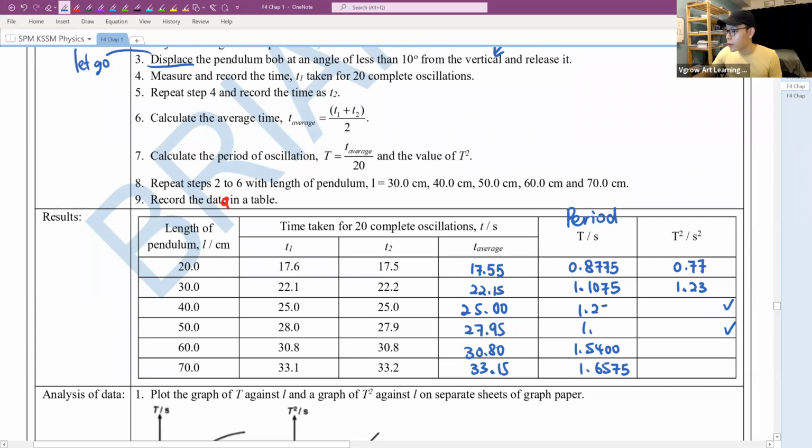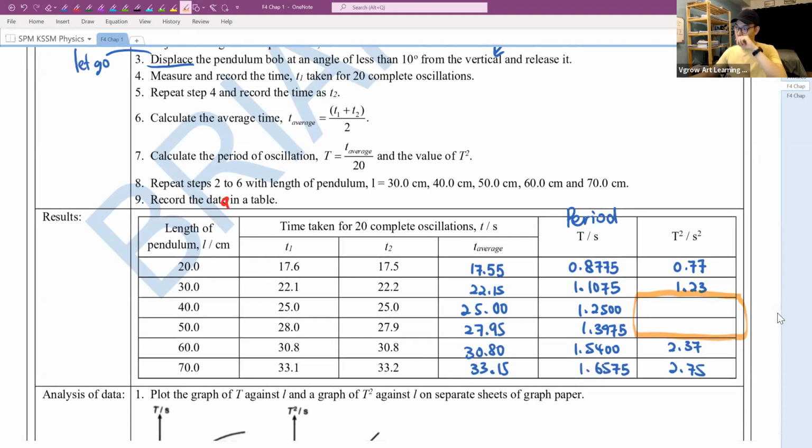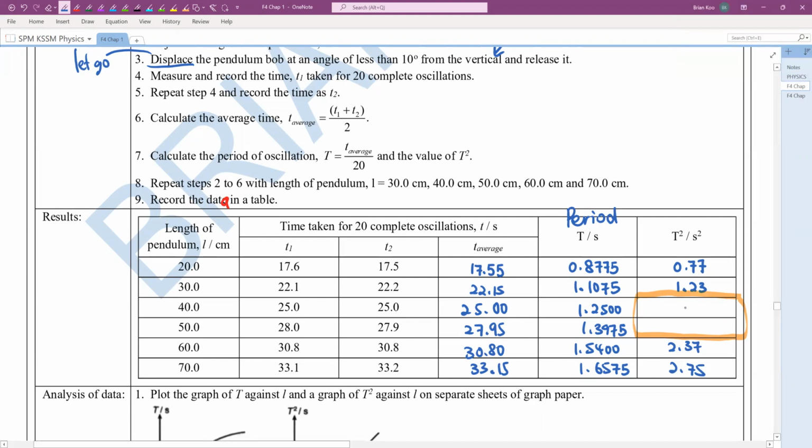This one is 1.2500, right? And then 1.3975. 1.56 and 1.95.